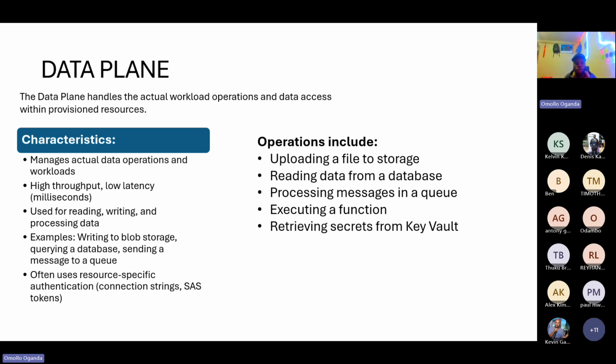Data plane now controls how data flows or manages data access in these resources. That's why it has to have high throughput and low latency, usually within milliseconds. And some of the things that you do, we just mentioned: uploading files, reading data from a database, retrieving secrets from a key vault, and many more.